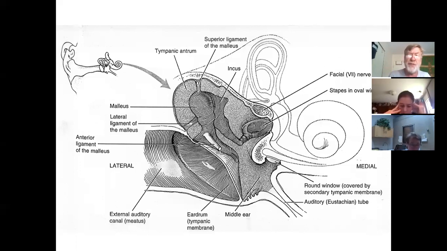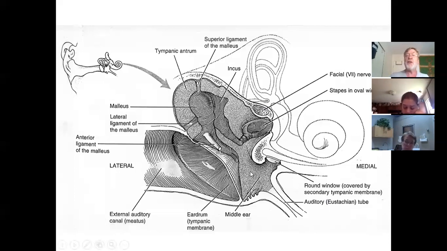It begins with a vacuum. It actually begins with a sore throat and swollen tonsils. And when the tonsils are swollen, the Eustachian tube won't open very well. Now you've got a vacuum in the middle ear space, and now for sure the Eustachian tube won't open because there's a vacuum here. And when you swallow or yawn, that Eustachian tube will not open.